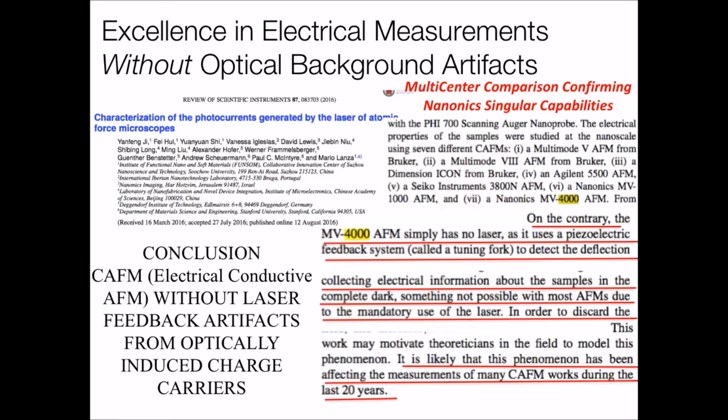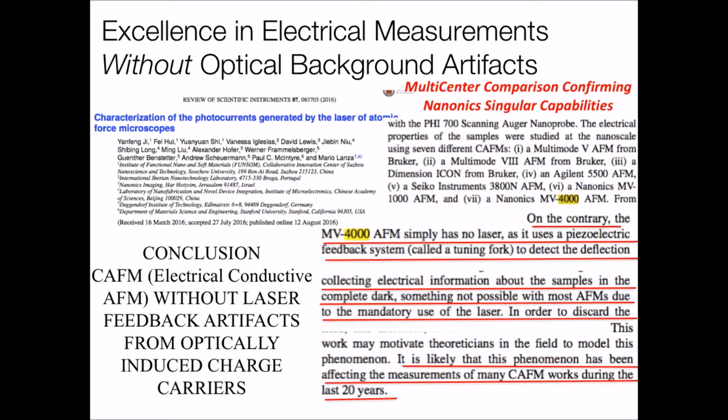And here is a case where you wouldn't expect the optical background to be artifactual. It's in electrical measurements, because the beam bounce feedback generates carriers in the semiconductors and therefore causes artifacts.